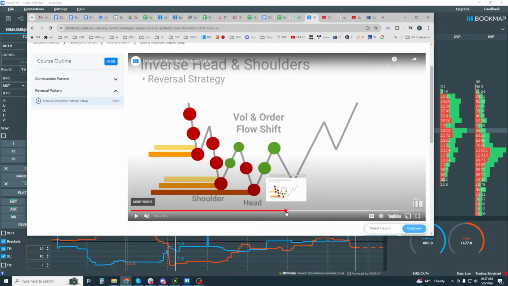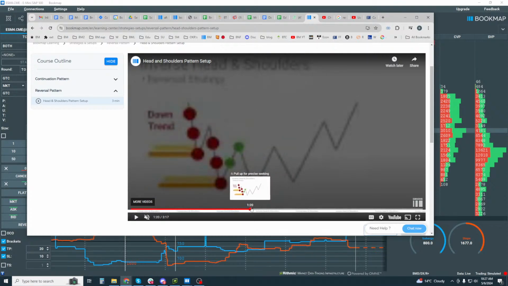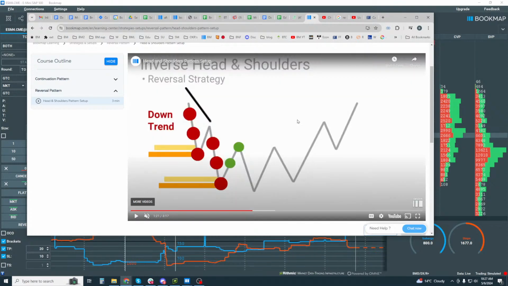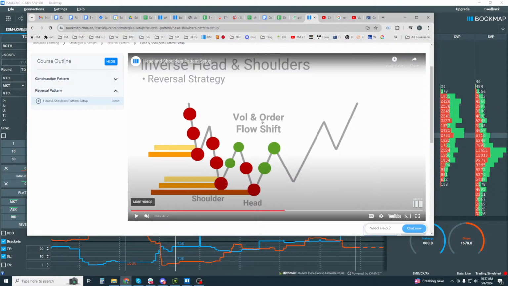You start to note what happens in here is you see this kind of shift, like this here. You start to see how it slows down the trend, and you see that high liquidity. As you continue on, we start to see a shift in the volume and the order flow here.